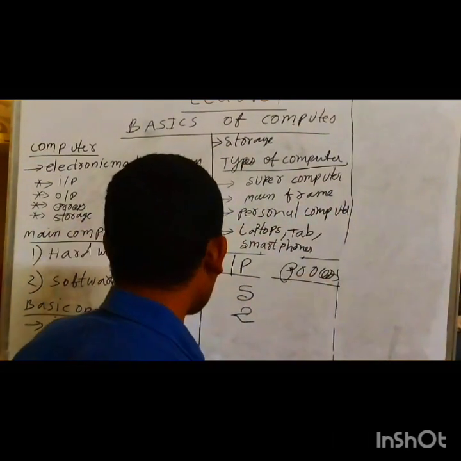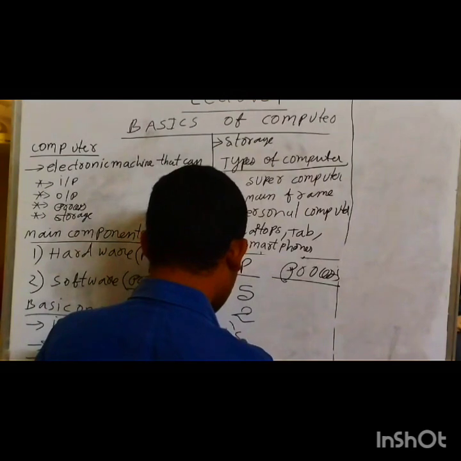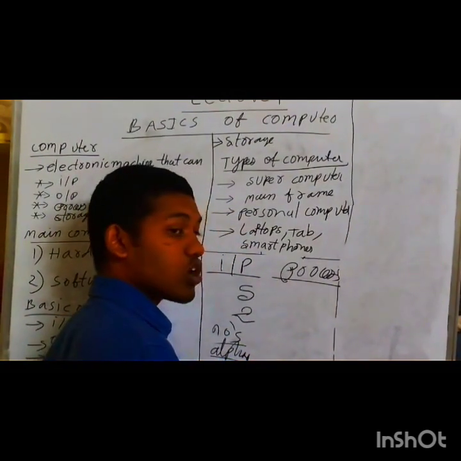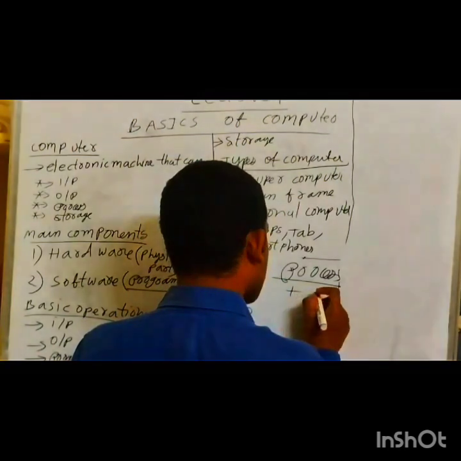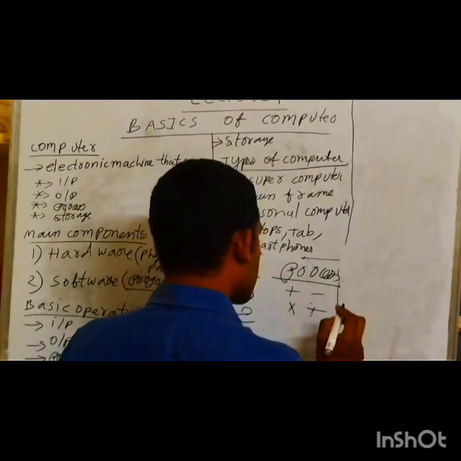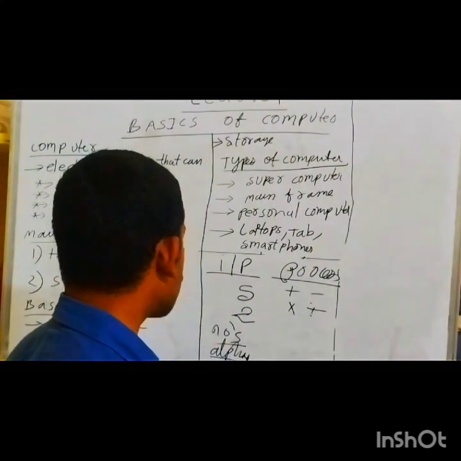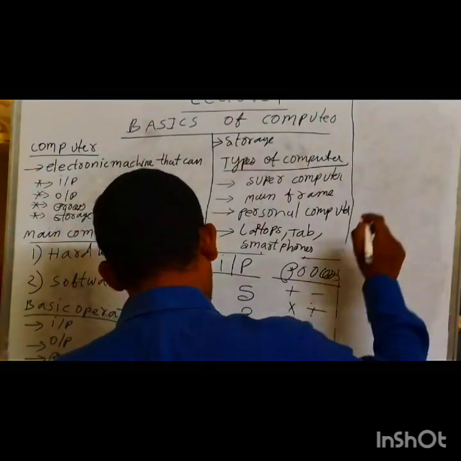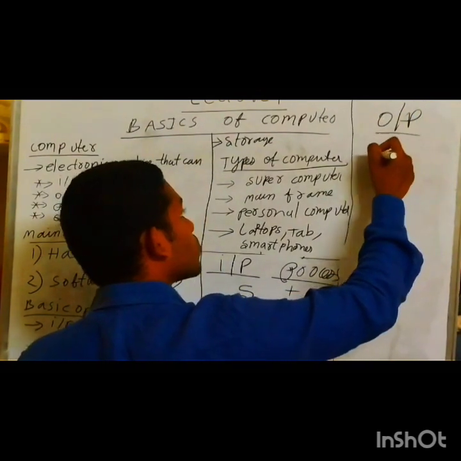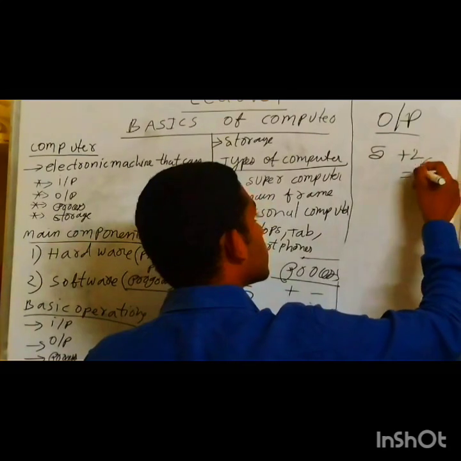Input is taking numbers or alphabets. What is process? Process means plus, minus, multiply, divide. This is the process, meaning calculations. Output: by adding 2, we get an output. For example, 5 plus 2 equal to 7.